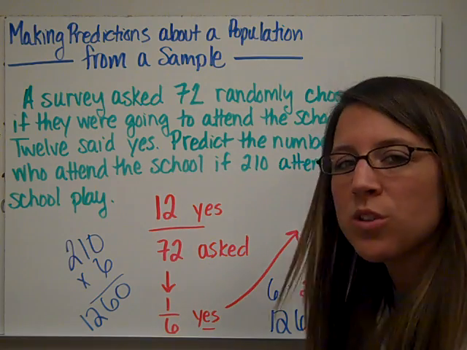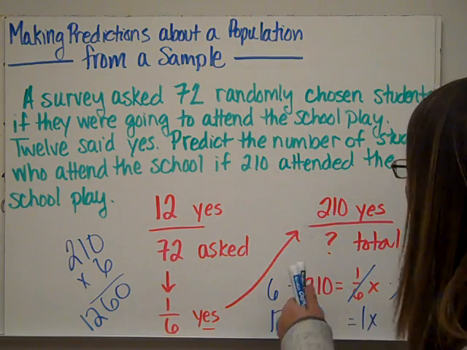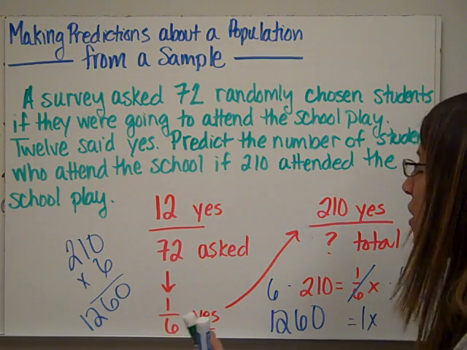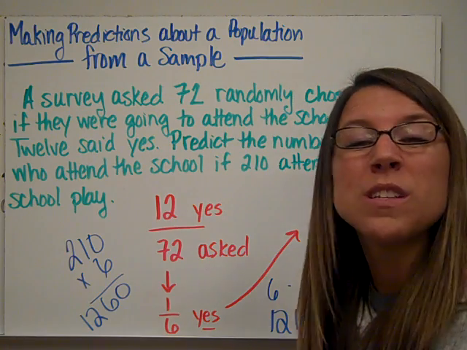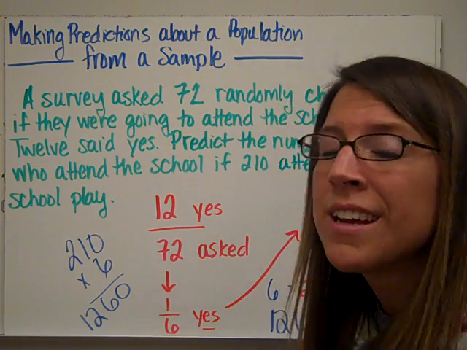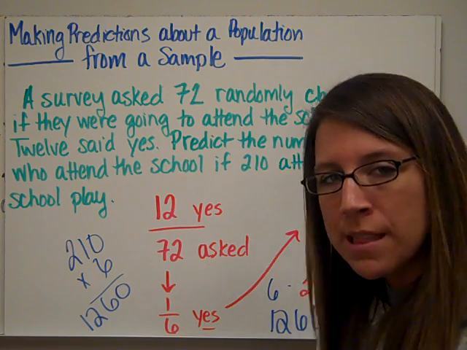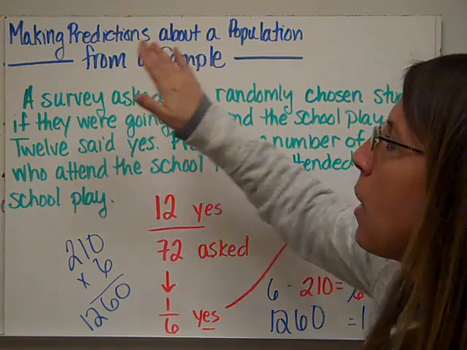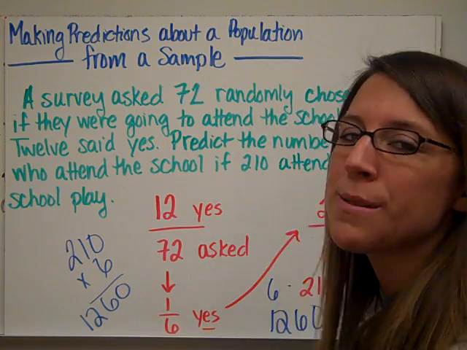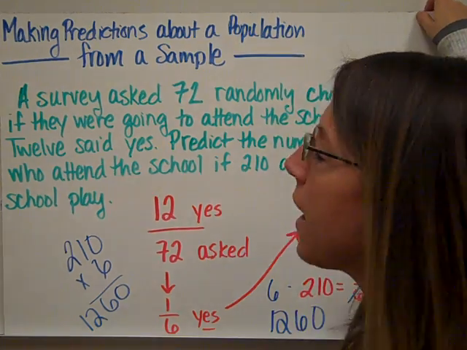So I can say with quite a bit of confidence that if 1/6 attended, then the number of students in the entire school is probably right around 1,200. Probably not exactly 1,260, but in the ballpark. That's what we're talking about when we're talking about making predictions based on the sample in a survey.